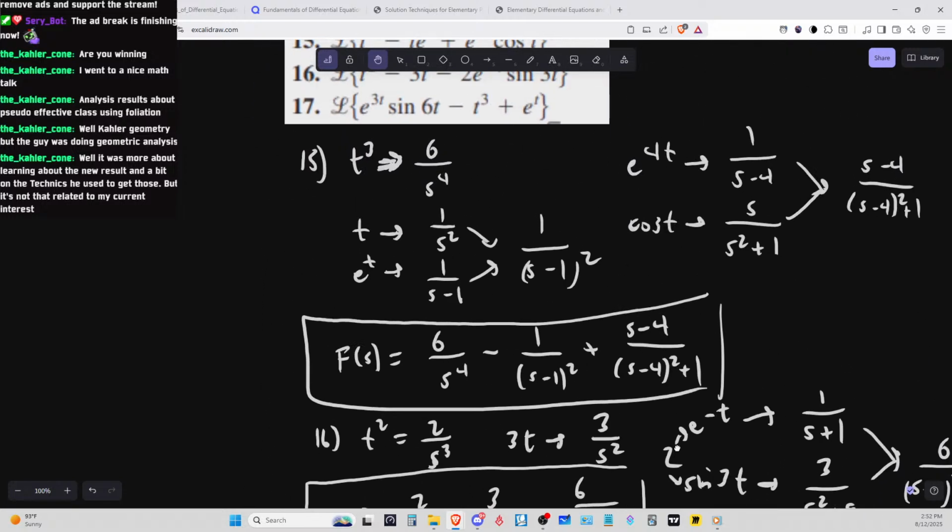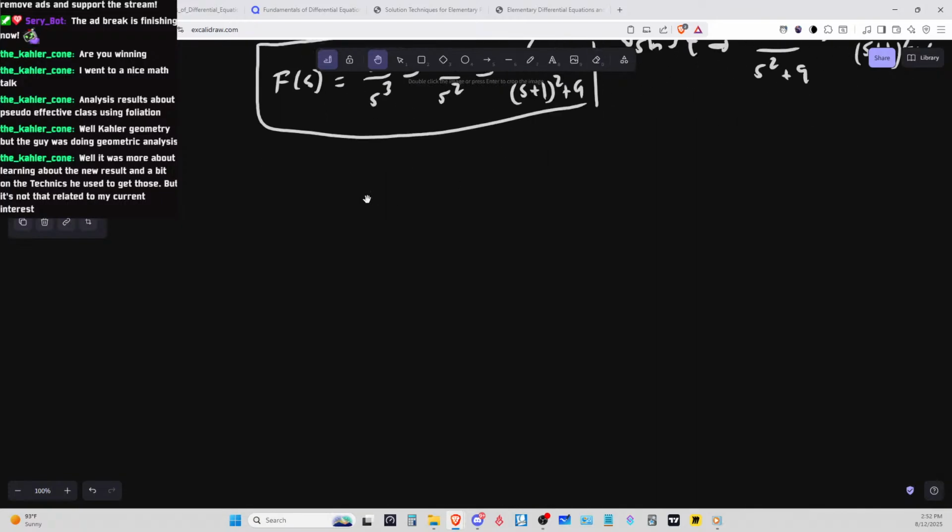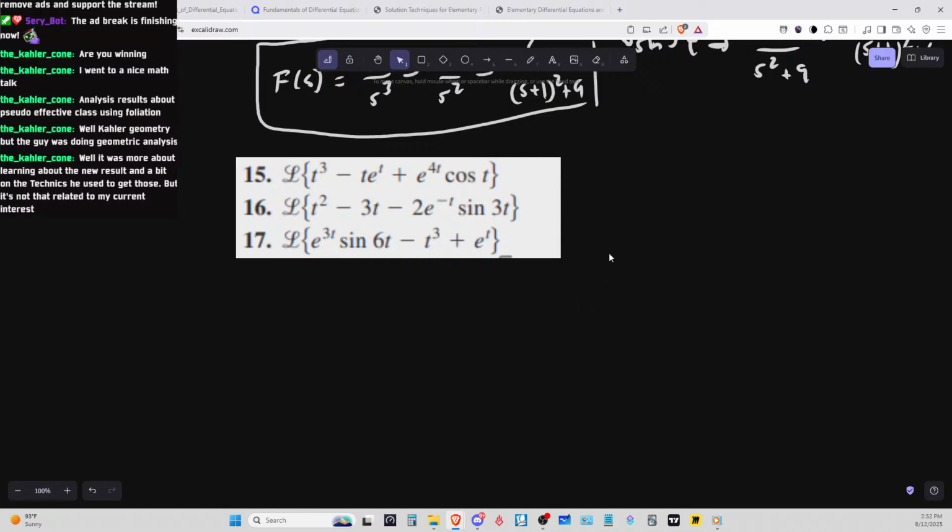All right. So for 17, let's just copy this because I don't want to keep scrolling back and forth. So 17. Let's do this correctly now, because I think we got it wrong last time. So 3 to the third, that will be s minus the third.